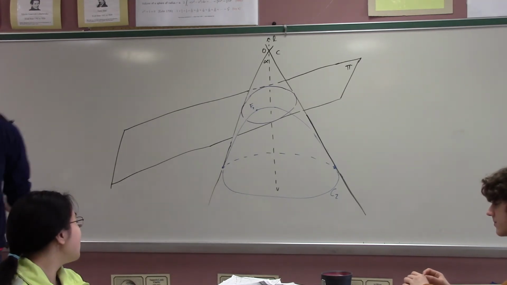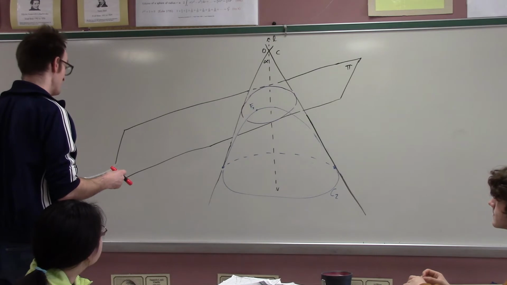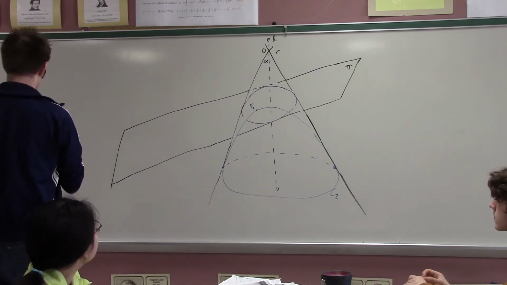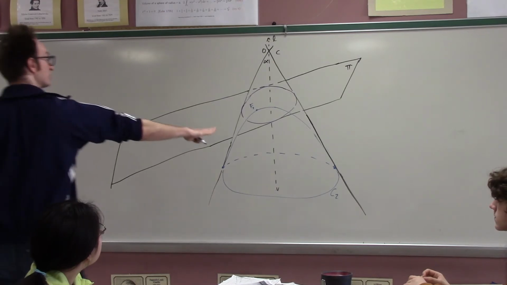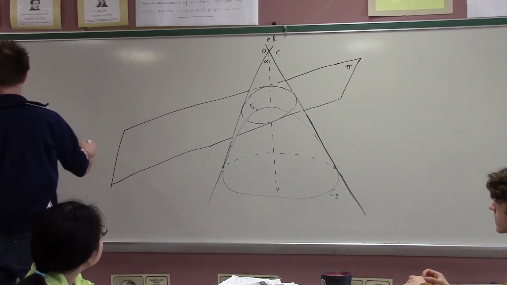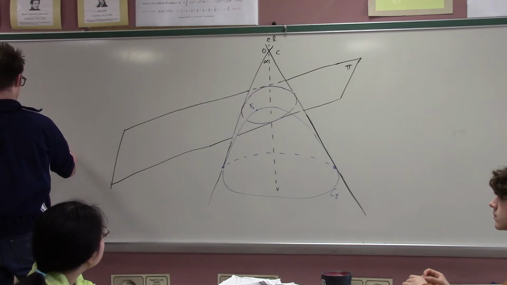Okay, so I think I need a new color. And I'm now going to draw this plane. I'm going to use purple. Okay, so this plane is the plane of this circle. It's the plane perpendicular to the axis.